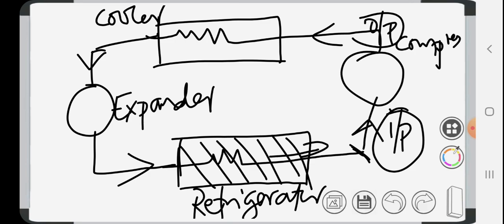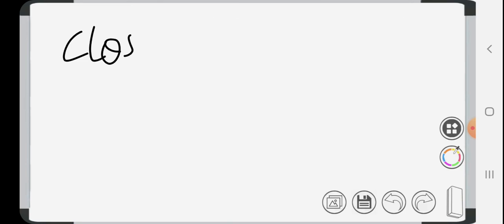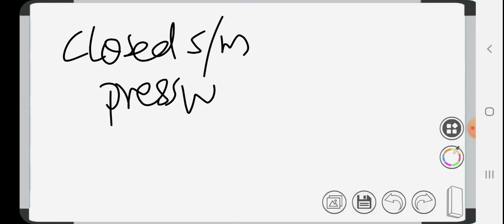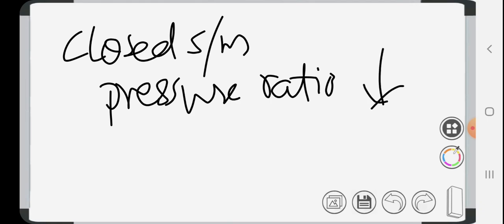So what will happen? Since the operating pressure ratio or compression ratio can be reduced in case of a closed system, the COP in a closed system is higher, since the pressure ratio is lower.